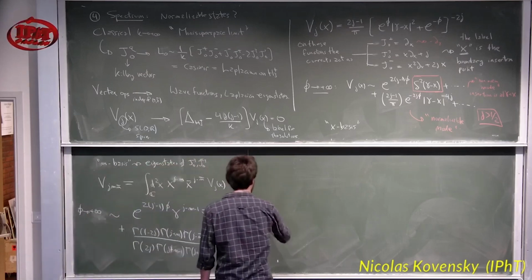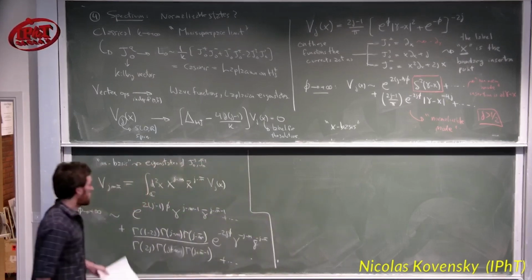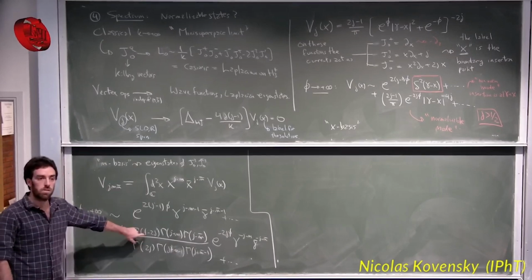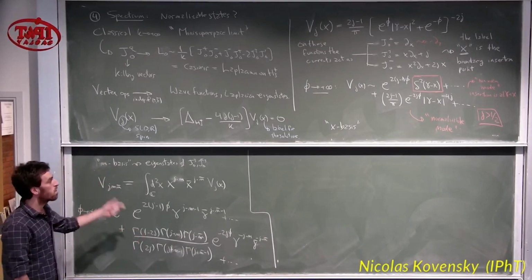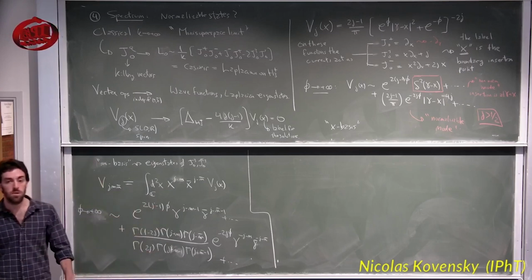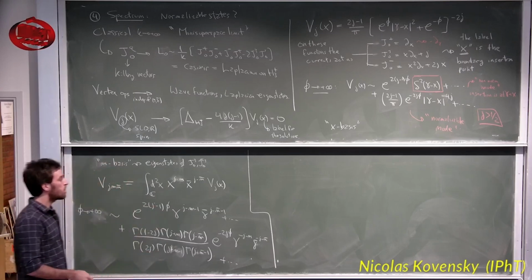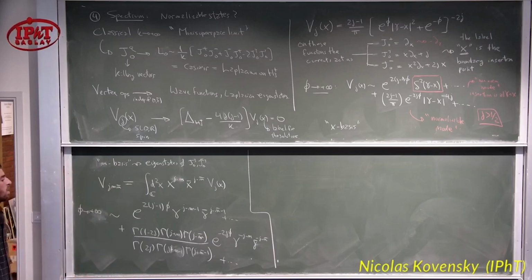Okay, so now I really want to use this expression here. Again, you can find the integral that does that, for example, in the notes and in one of the appendices of the third Maldacena-Ooguri-Son-Wilson paper on the subject.